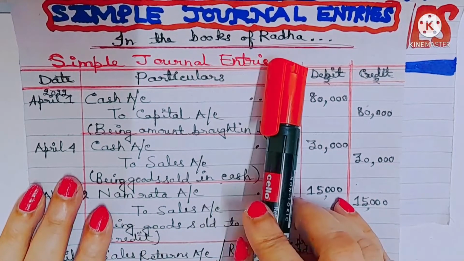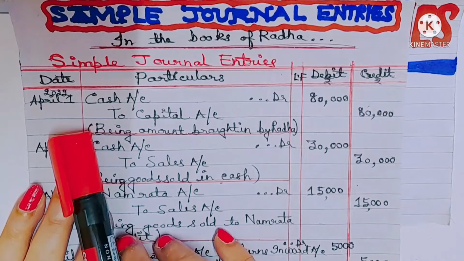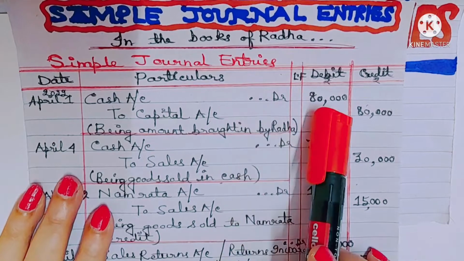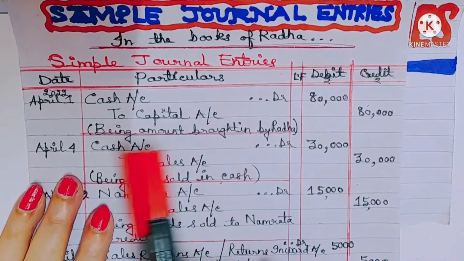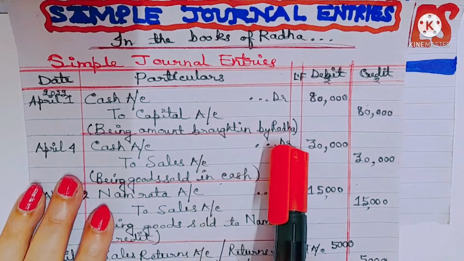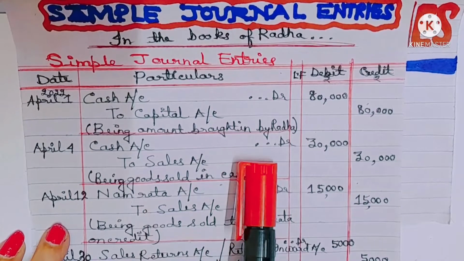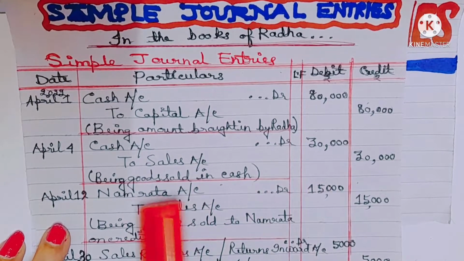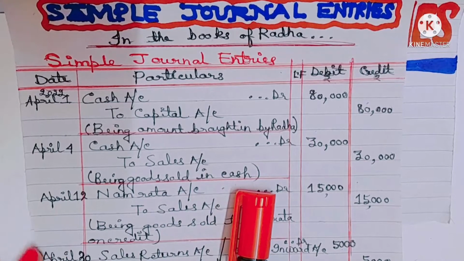In the books of Radha, on 1st April 2022, cash account debit 80,000 to capital account, being amount brought in by Radha. On 4th April, cash account debit 30,000 to sales account, being goods sold in cash.